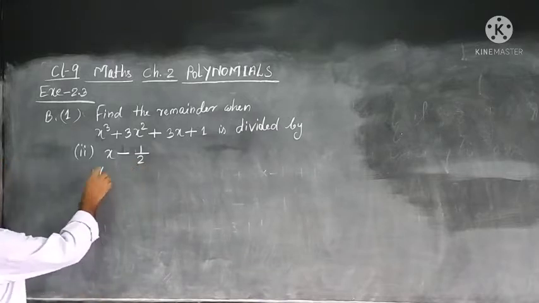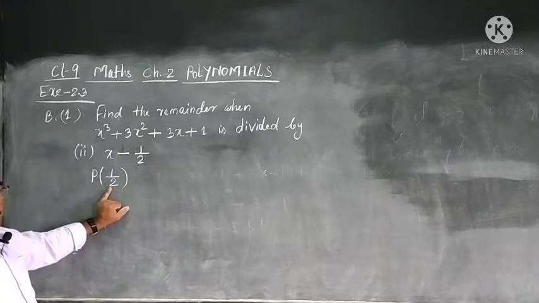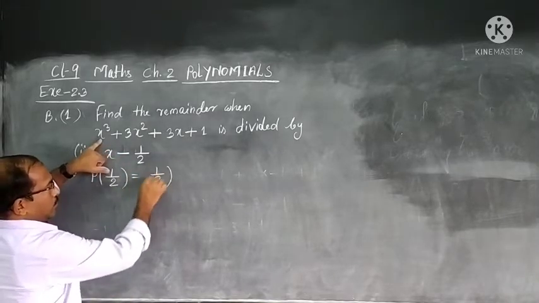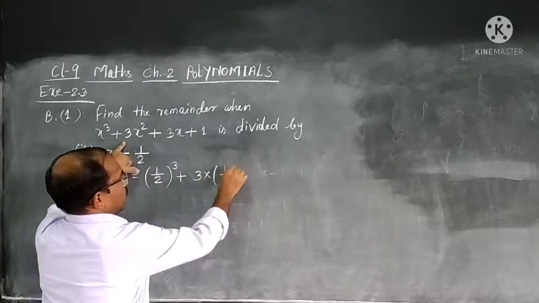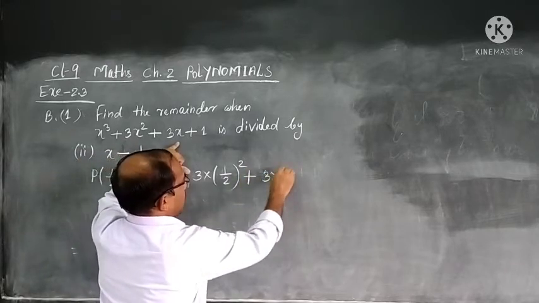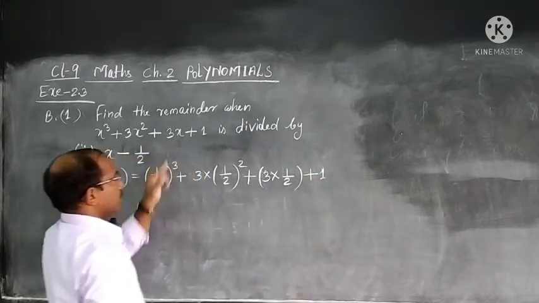So, in the polynomial, the variable's value we will use is 1 by 2. Let us refer to the polynomial and use this value: 1 by 2 cube plus 3 into 1 by 2 square plus 3 into 1 by 2, and the last one is plus 1.